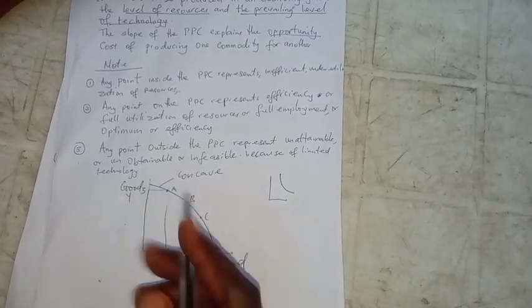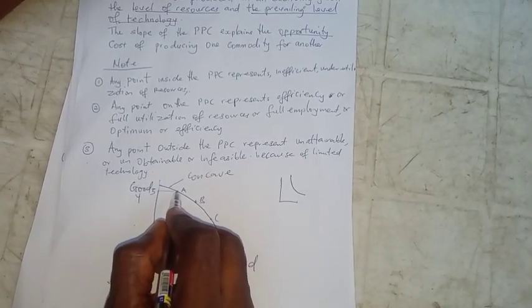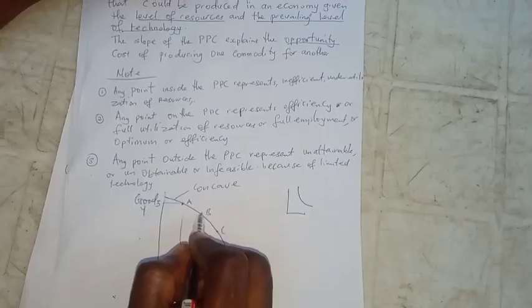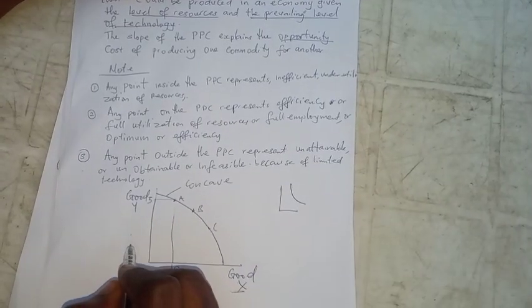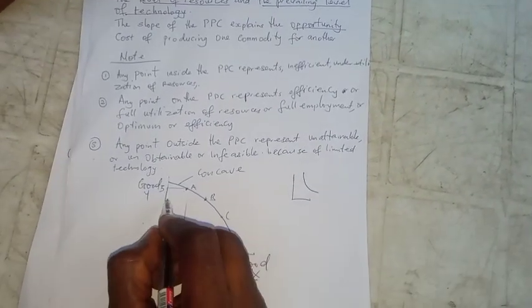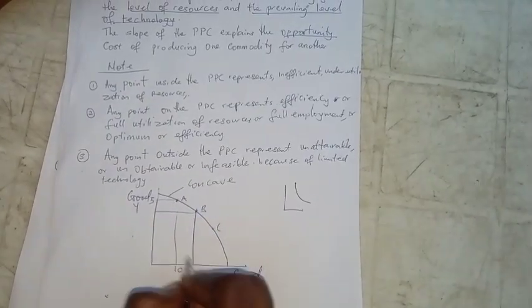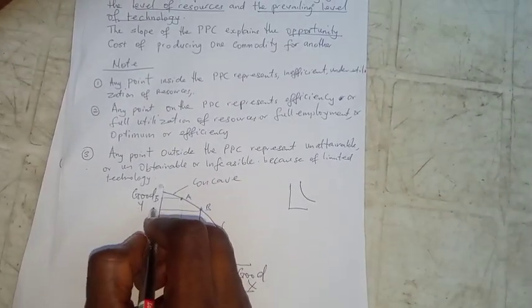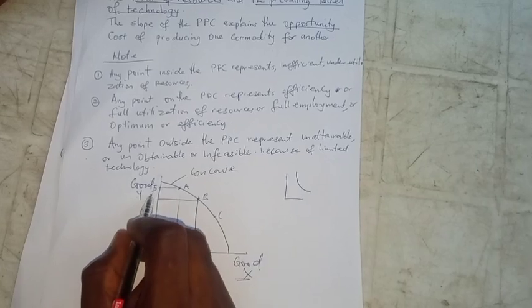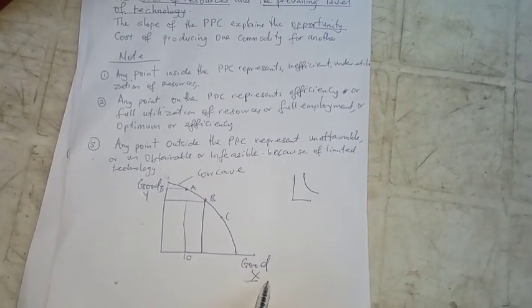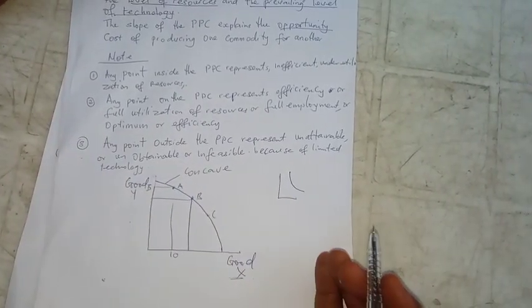Remember, opportunity cost actually means sacrifice in one word. For instance, if I want to move from this point on the curve to this point, maybe from point A to point B, I will have to produce less of Y in order to produce more of X, because I have limited resources.